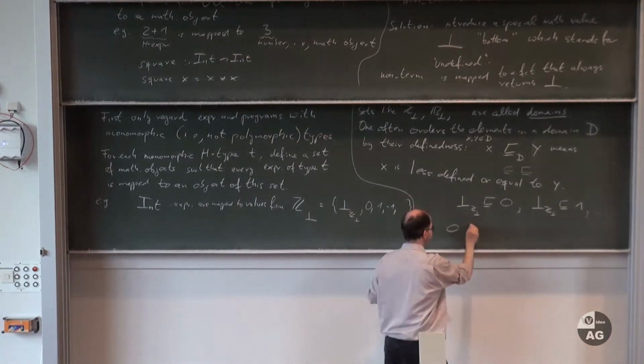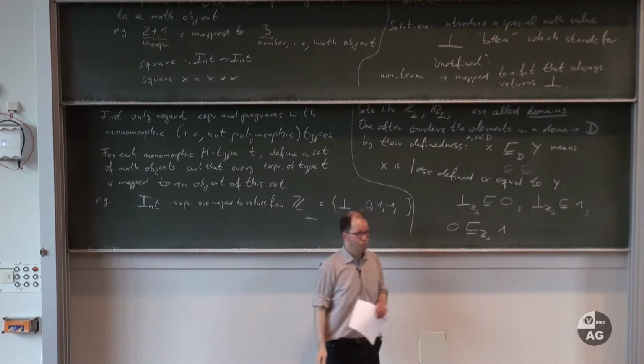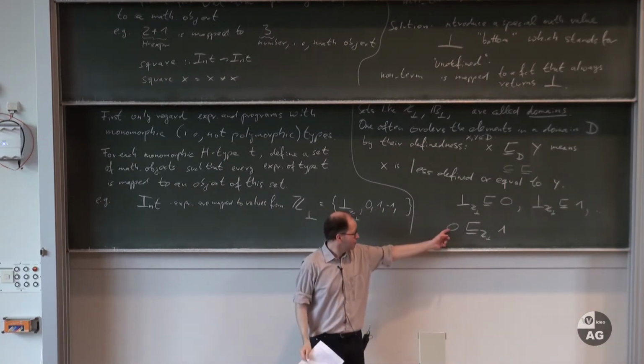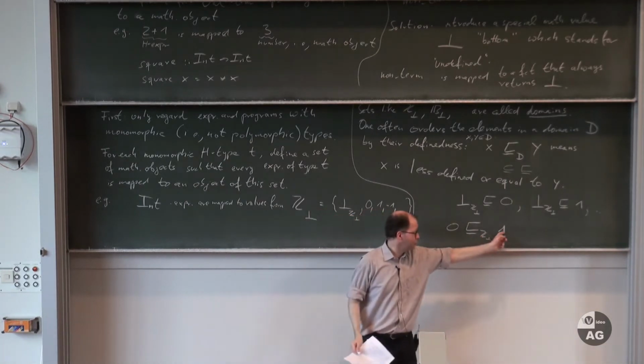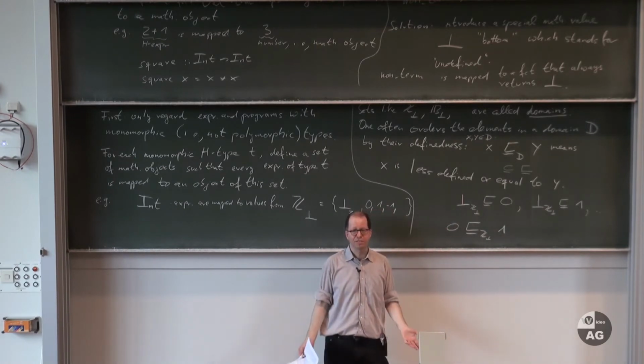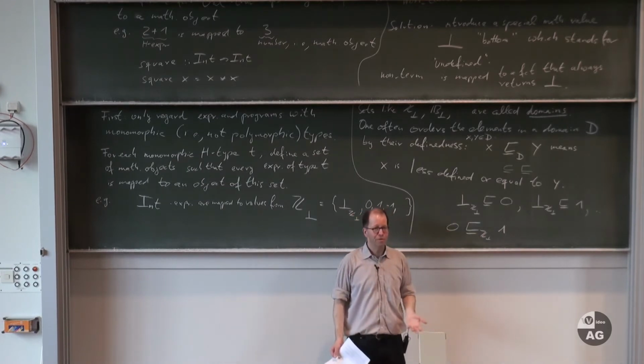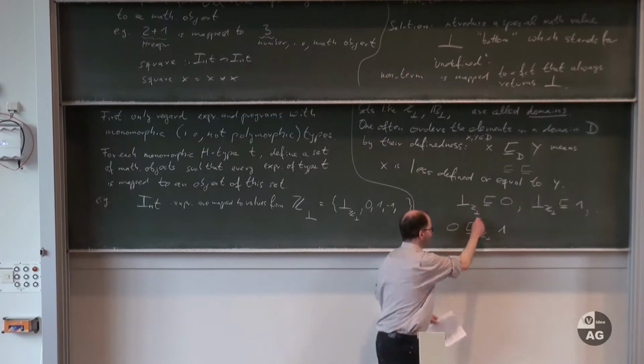Now, what about this? Is this also true? Is 0 less defined or equal to 1? Well, is 0 less defined than 1? No. 0 is defined, 1 is defined as well. And the second question is, is 0 equal to 1? No, they are not equal. So this does not hold.